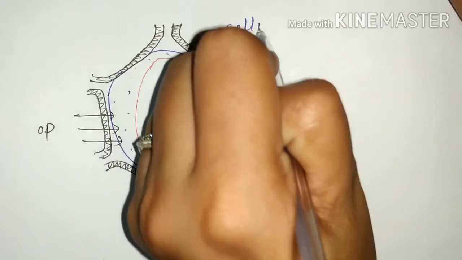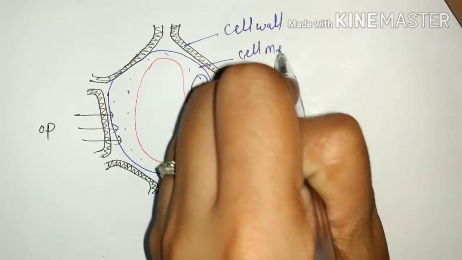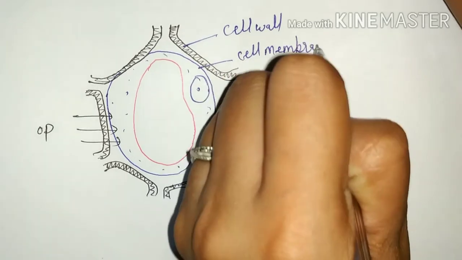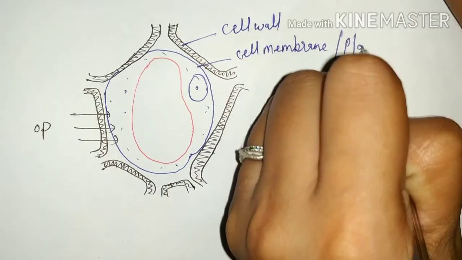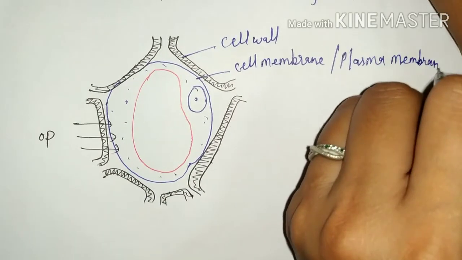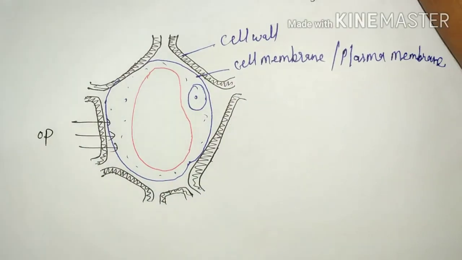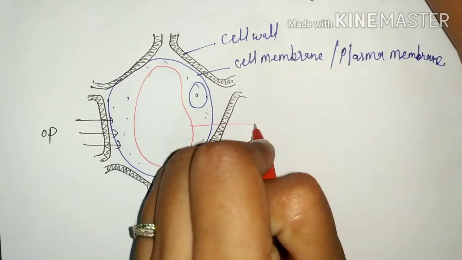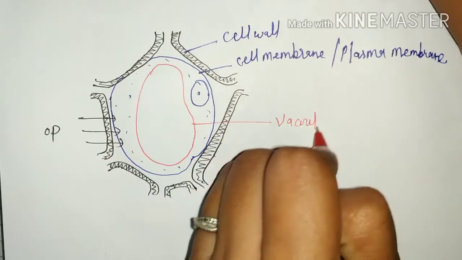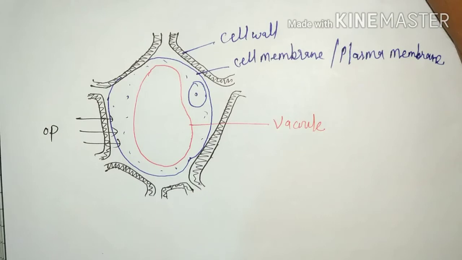It is the cell wall, cell membrane or plasma membrane, vacuole, cell shape.